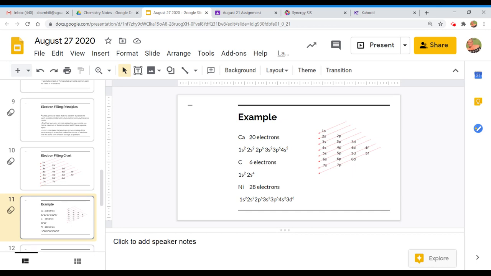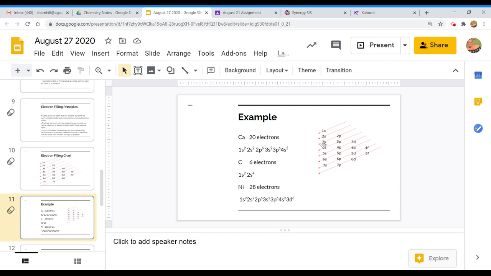So I've got 2 plus 2 is 4 and 6 makes 10 at this point. After the 2p, I'm going to follow my arrow and it leads me to 3s. I write down 3s. Any s orbital, I can put 2 electrons in, so I'm going to write a little 2 here. Now I'm up to 12.